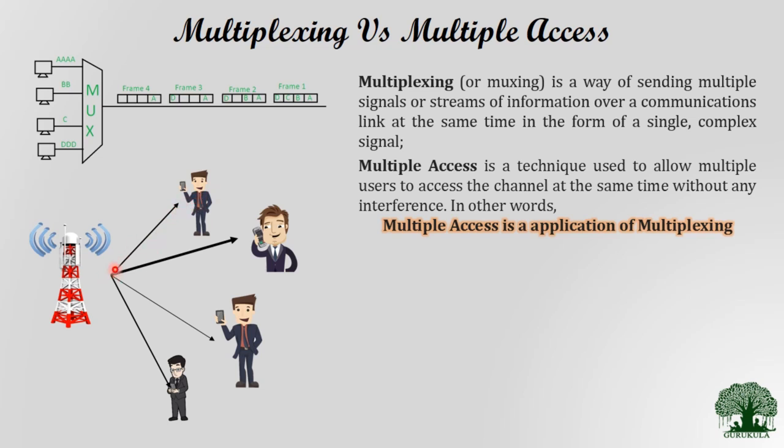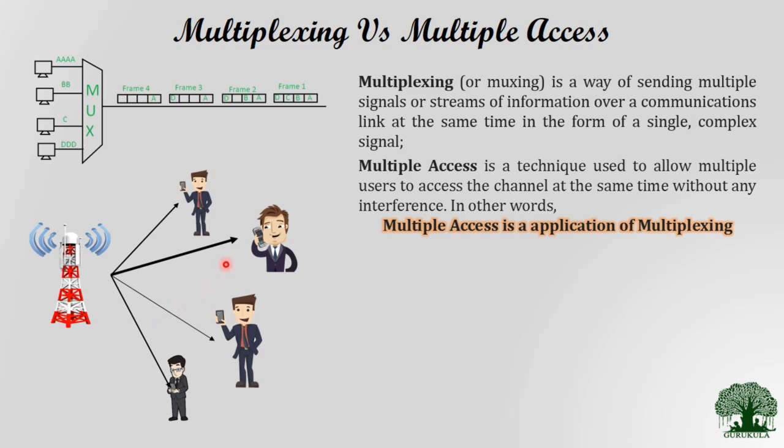This technique is what we call the multiple access technique. Multiple access is a technique used to allow multiple users to access the channel available between the base station and the mobile station at the same time without any interference. Multiple access can be performed in different ways, and we will be seeing it very soon.